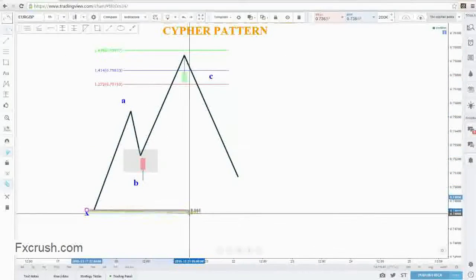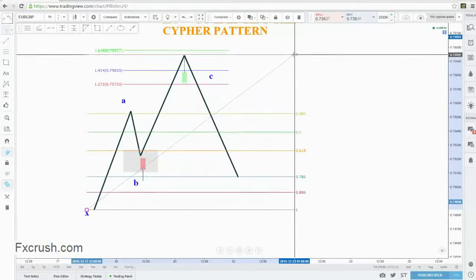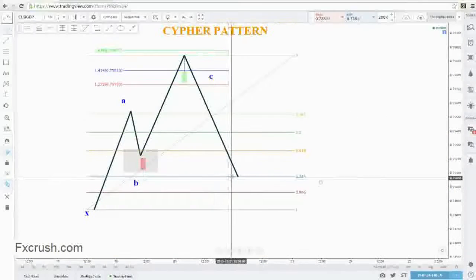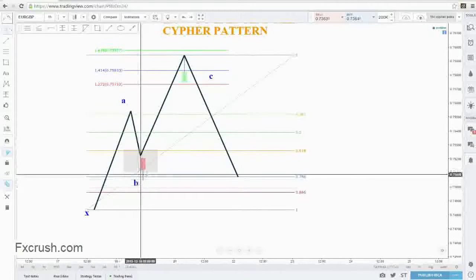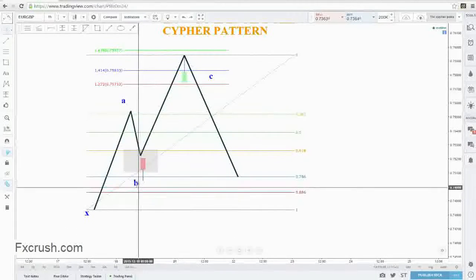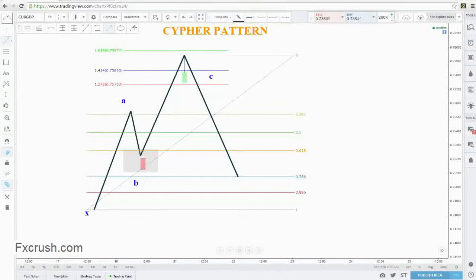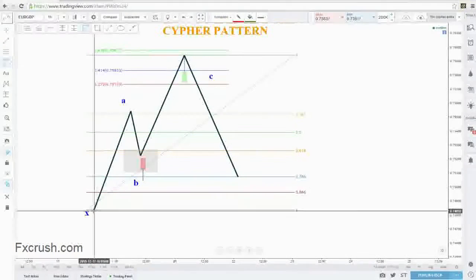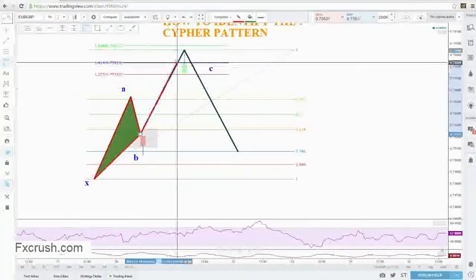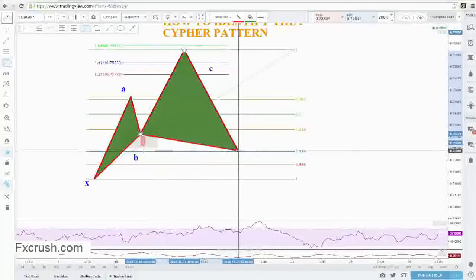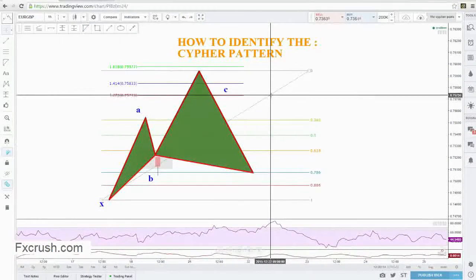If we pull from our X all the way up to our C for our D point completion, and B touches 786, then that invalidates the cipher pattern. And I will draw this the rest of the way in so you can see what it should look like. And that is your cipher pattern using the ratios that I use.